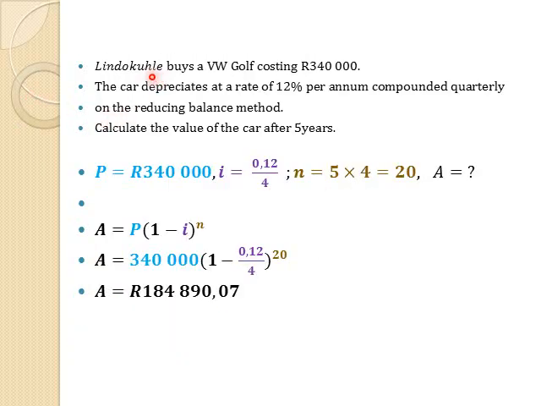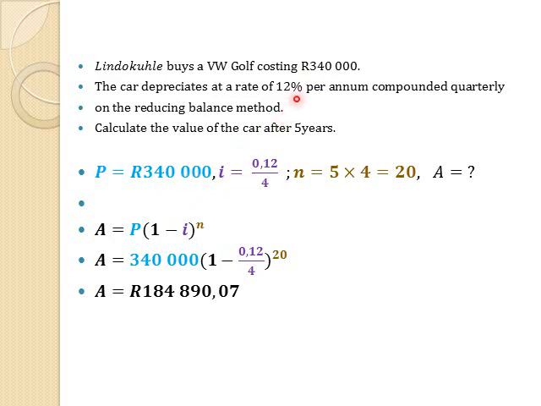Right, let's look at the next problem. Olindo Kutle, a boy I tutored, he loves VW. Buys a VW Golf costing 340,000. The car depreciates at a rate of 12% per annum, compounded quarterly, on the reducing balance method. Calculate the value of the car after 5 years. So presently this Golf is 340,000.